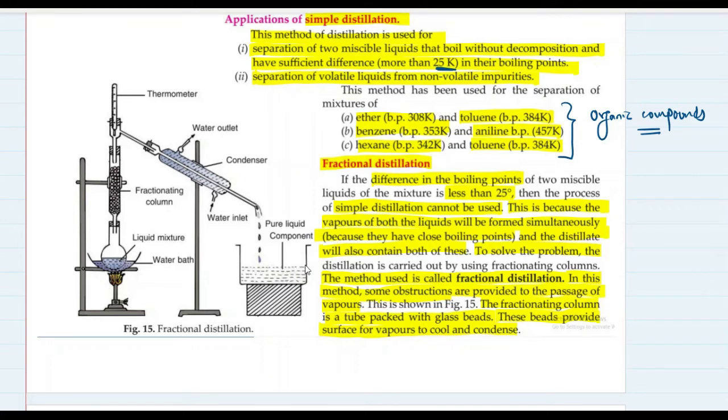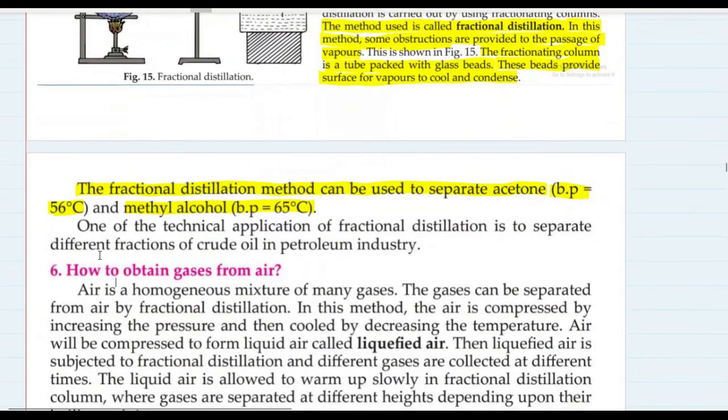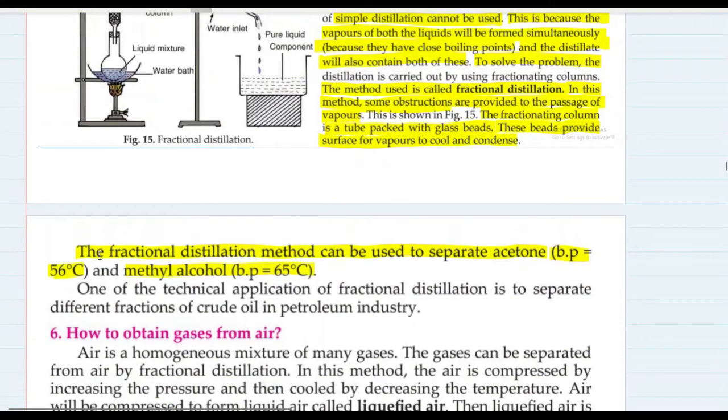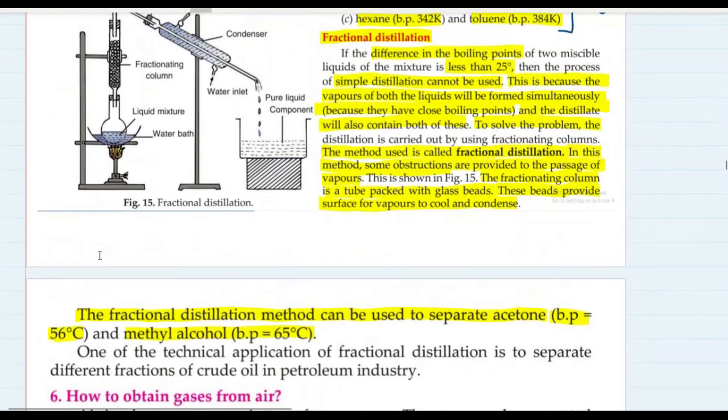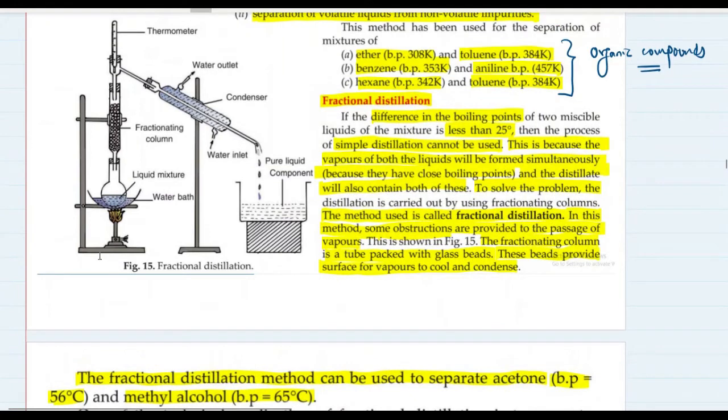But what about alcohol? Methyl alcohol, since it has a boiling point of 65 degrees Celsius, what will happen to it? It will not get vaporized so easily until the mixture reaches a temperature of 65 degrees Celsius. The mixture is at a temperature of 56 degrees Celsius.